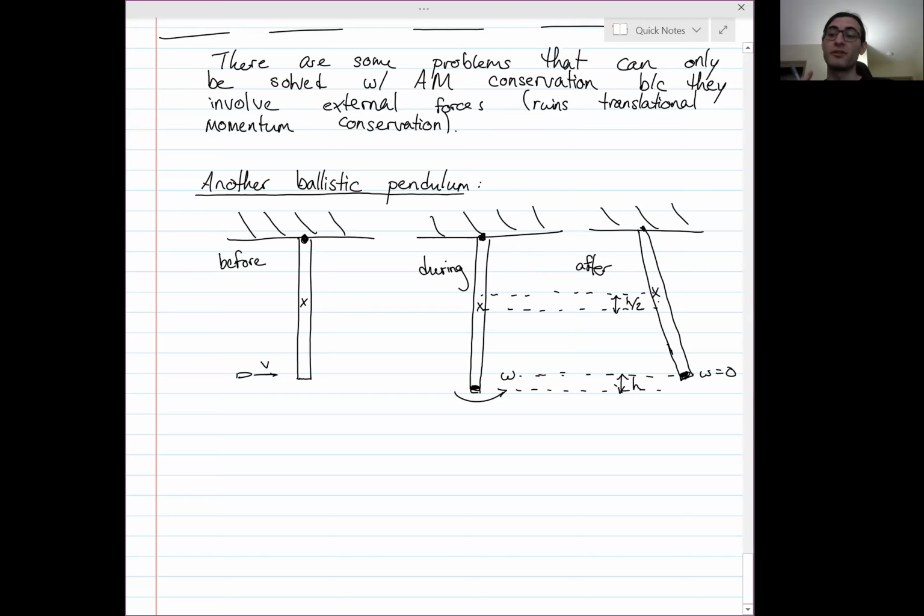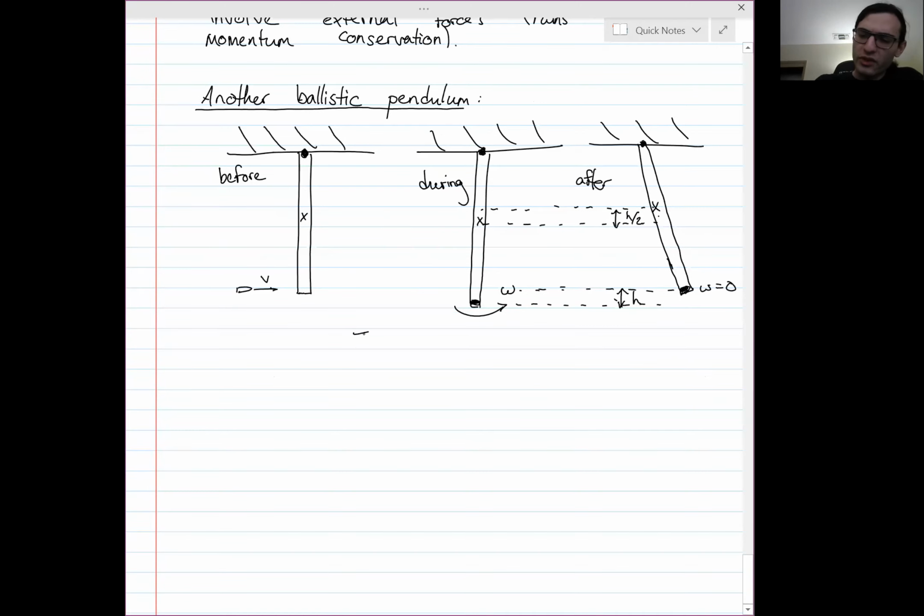That does affect the translational momentum conservation between these two places. However, because we know what a useful pivot point is, we can imagine that we're pivoting about this pivot point, and then those forces don't contribute any torque. And because they don't contribute any torque, we can get away with using angular momentum conservation.